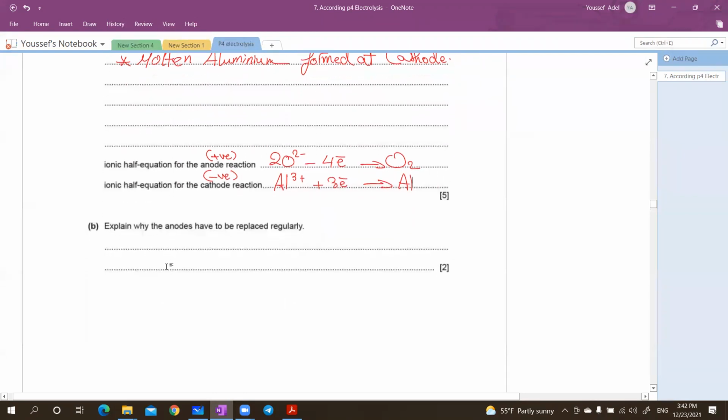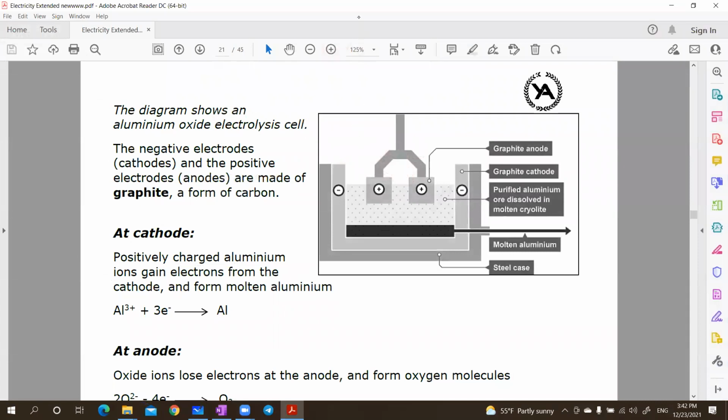Why must the anodes be replaced regularly? Because at the anode, oxygen gas is formed from the oxide ions. The oxygen gas will burn with the carbon anodes. Don't forget that the anodes are made of carbon because the temperature is very high, 900 degrees Celsius.